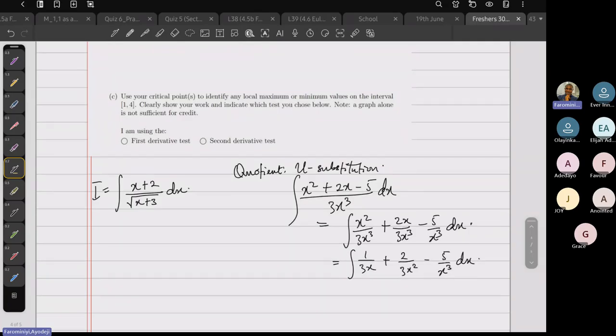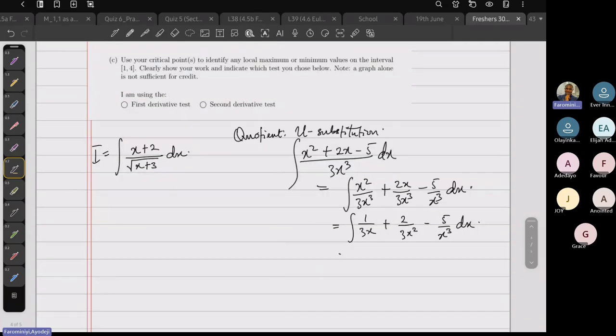And then this will give us 1 over 3 integral of 1 over x, plus 2 over 3 integral of x raised to power negative 2, minus 5 over 3 integral of x raised to power negative 3.